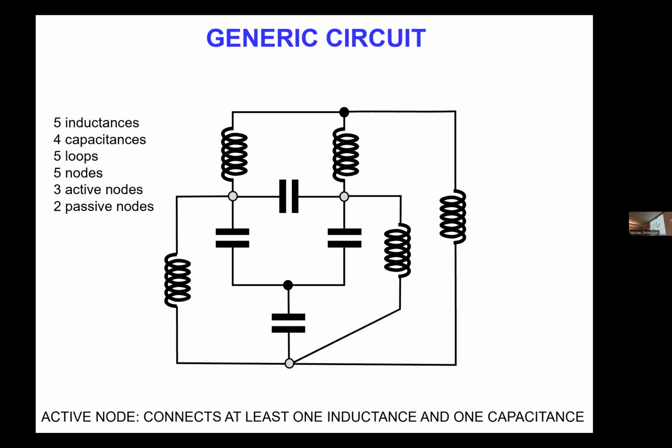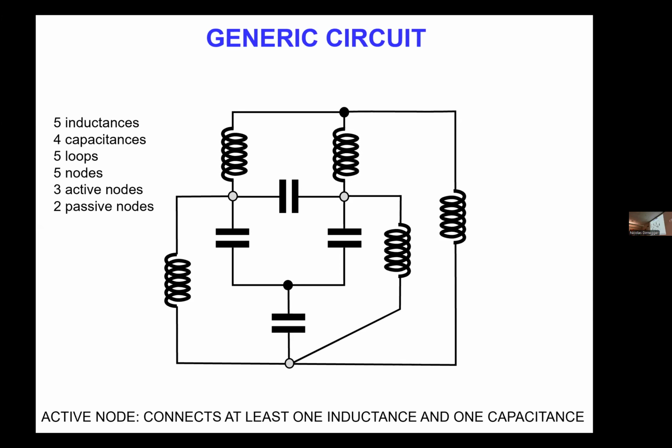For instance, at these nodes you have an incidence of inductances and capacitances, but here you see there are only inductances that meet, and here there are only capacitances that meet. So you have a representation of all possible circuit topologies in this example. This is why I am treating it.